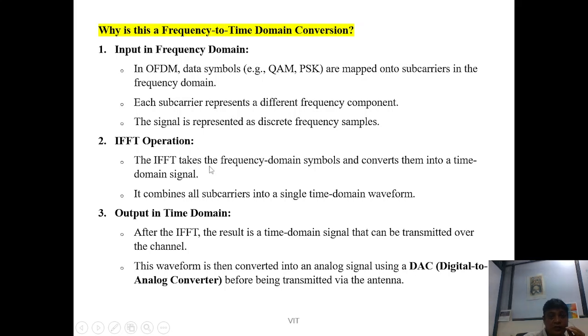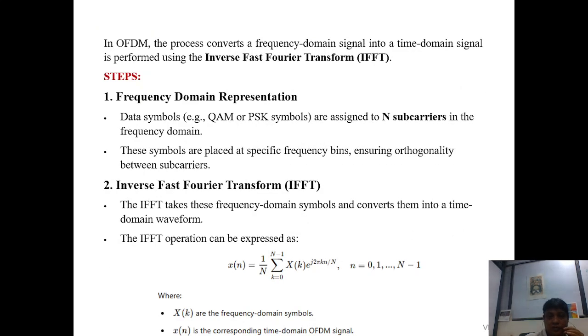Once we place this BPSK or QPSK data on the subcarriers, they become frequency domain signals. Once we do the IFFT, they are converted into time domain signals, and the IFFT combines all subcarriers into a single time domain signal. Once we do the IFFT, it generates the time domain data, that is x_n.